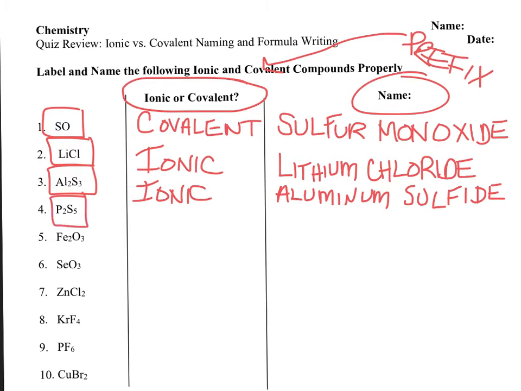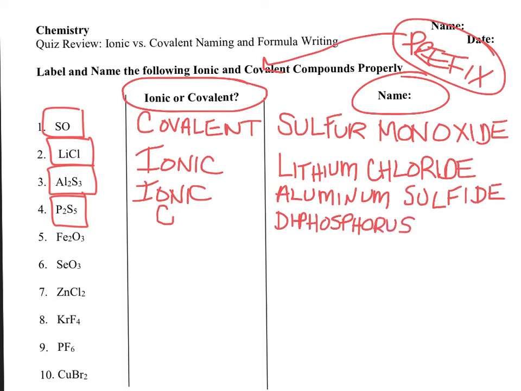Next one up is P2S5. That's phosphorus and sulfur. Phosphorus is a nonmetal and so is sulfur. So this is a covalent. I'll just put a C for covalent. If that's the case, for covalent, we are going to name using prefixes. So I have two phosphorus, so I'm going to say diphosphorus. Remember the very first element, we do not change its name.